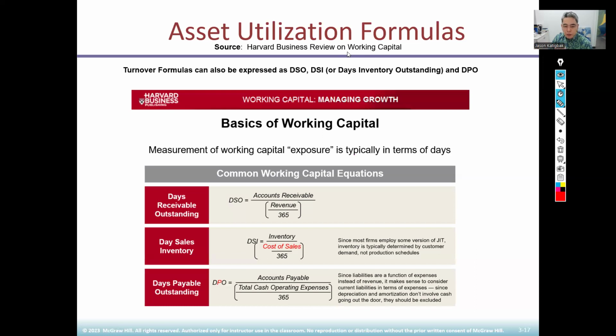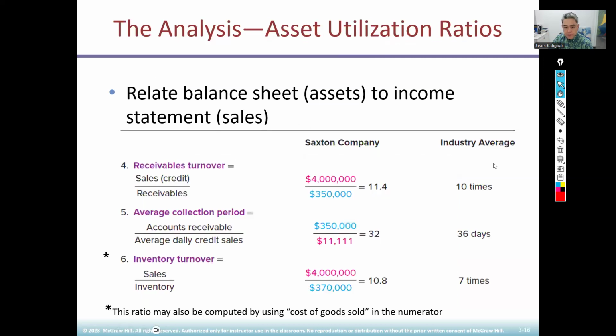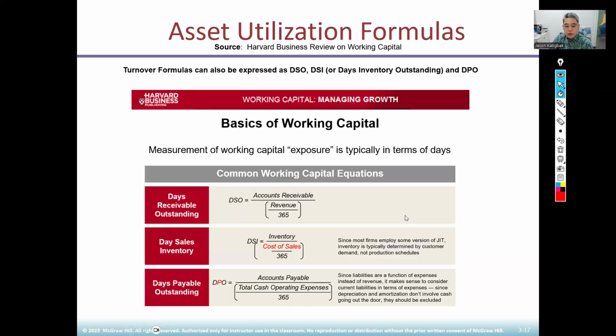There are some finance books where you have turnover and then the period, right? So what do I mean by that? A turnover and a period. That's on receivables, right? So I have the same thing, but now it's expressed as days: days sales outstanding or days receivable outstanding, days sales inventory or days inventory outstanding.